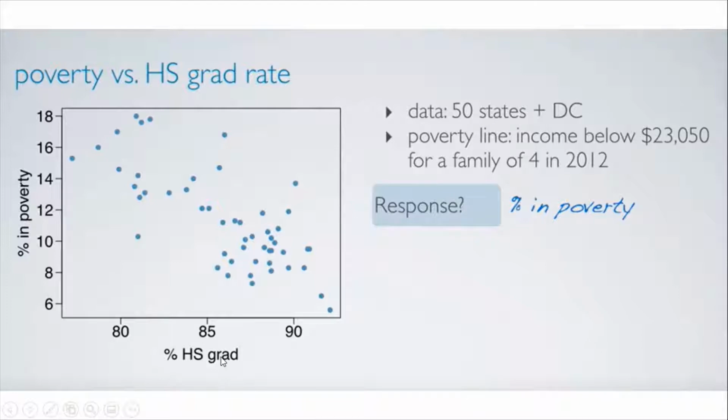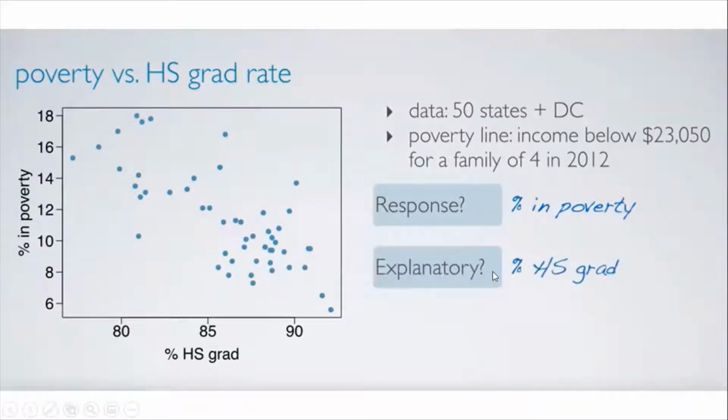The percentage of educated people may well reflect the percentage in poverty. So probably the response, the outcome, is the poverty percentage, and what can explain this poverty percentage can be the high school graduate rate.